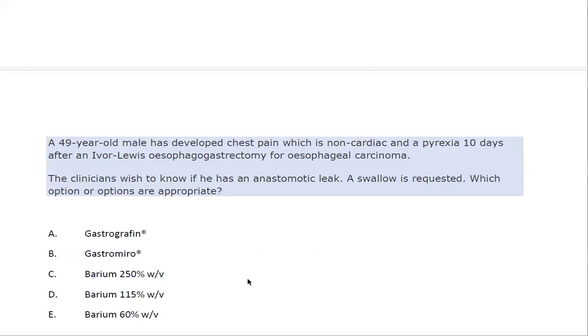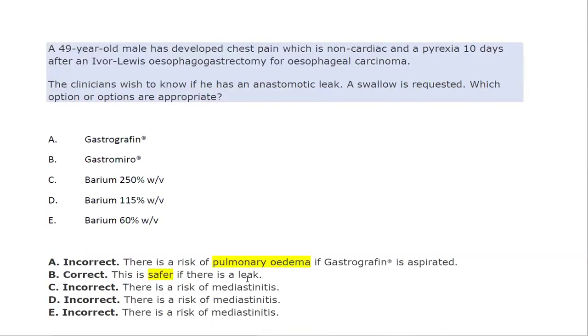So there is an anastomotic leak, and this will be in the mediastinum. So I worry the patient may have mediastinitis or aspiration. So gastromiro will be safer. Yes, agree with you. There is a risk of pulmonary edema if gastrografin is aspirated, but gastromiro is safer if there is a leak, so you are not at risk.